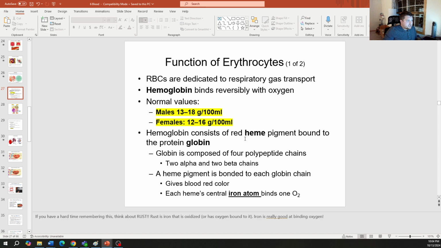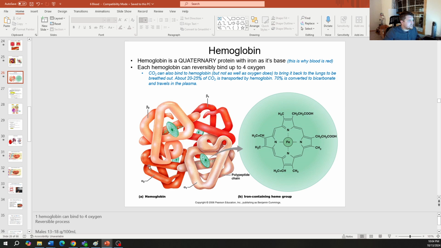So hemoglobin is a red heme pigment bound to the protein globin, and it's iron that gives it that red color. We can see in these pictures the 4 polypeptides that make up hemoglobin. 2 of them are what we call beta chains.